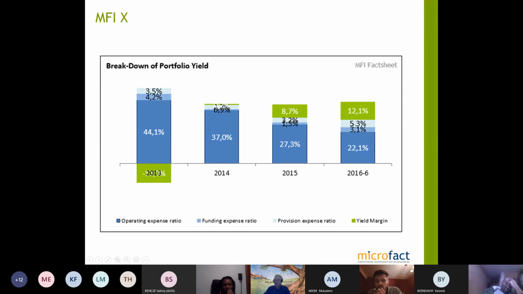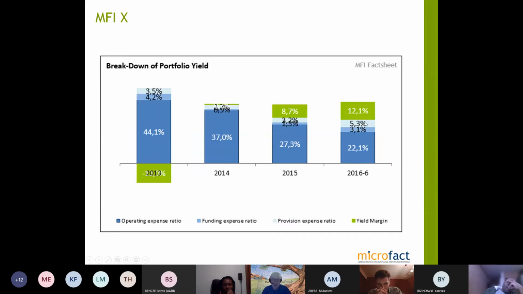So here you can see the provisioning for X and Y. You remember that was the year of a very high write-off, so it was 3.5 provisioning at that time. You see that for the last years it was already quite high, 3% and even 5.3%. The provisioning expense of 2% is considered quite normal.